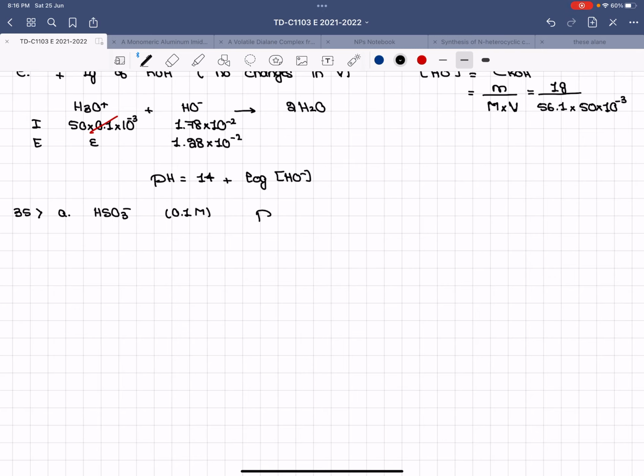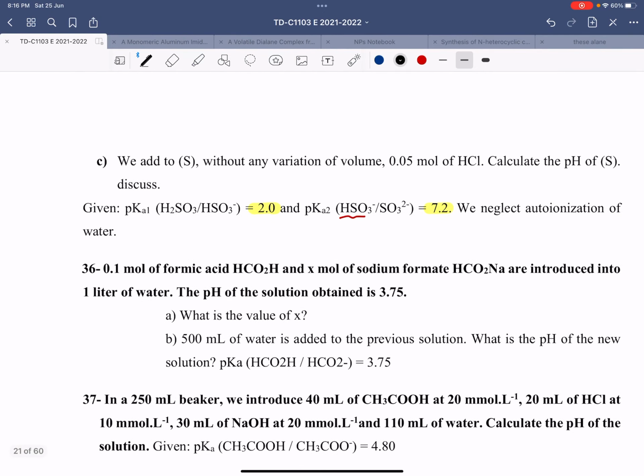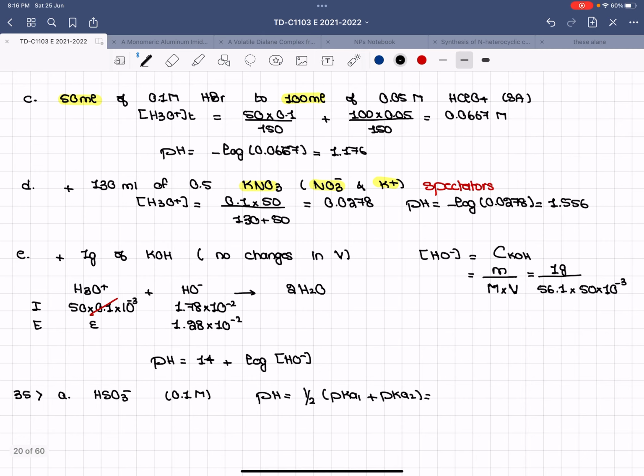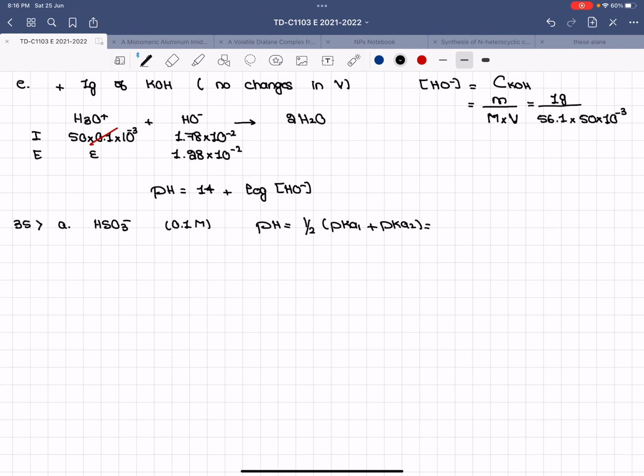To find the pH of an ampholyte, it's basically pH equals half of pKa1 plus pKa2. pKa1 was around 2, pKa2 is 7.2. So that's 2 plus 7.2 divided by 2, 4.6. Very simple. Part B.